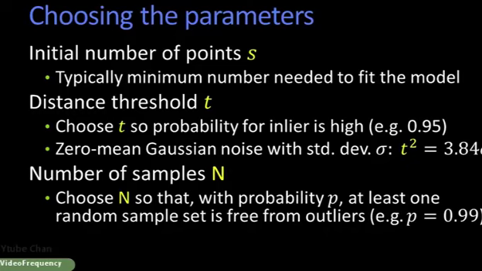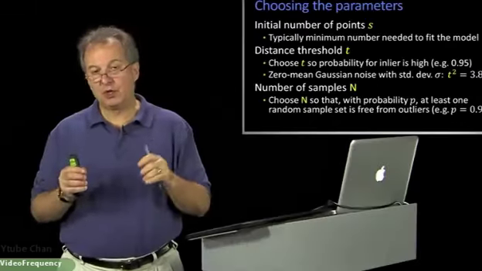So let's pick a probability p, and what we want to know is how big does n have to be such that the probability is p, let's say 0.99, 99%, that at least one of our samples will be made up only of points that come from the correct model, right? So that's a way of saying it.